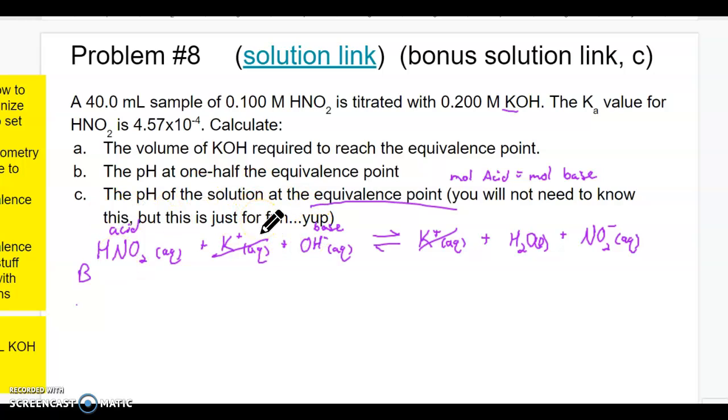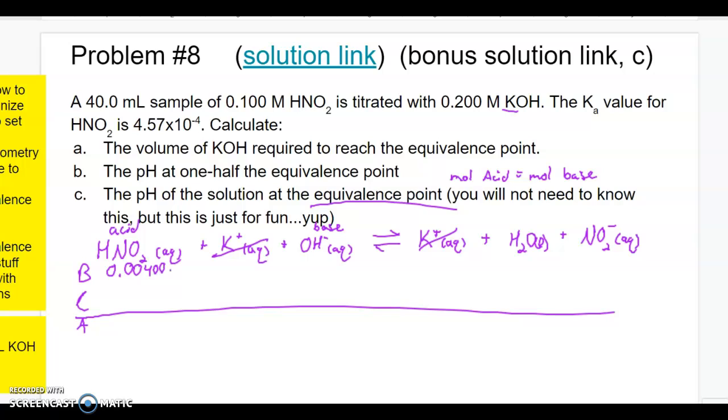So because I'm mixing those, we're going to do a BCA table, do our stoichiometry. And we said before how we calculated it out. Our moles of our acid was 0.00400 moles. And if you forget how we got that, go back to the other video and you'll be able to see that. And if these two things are the same, we are starting with this.